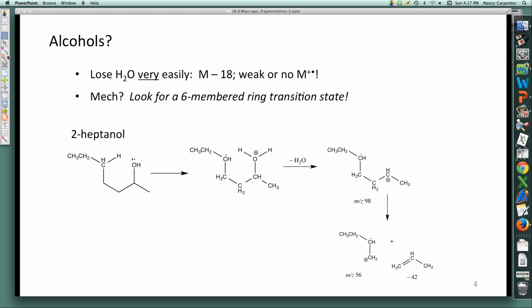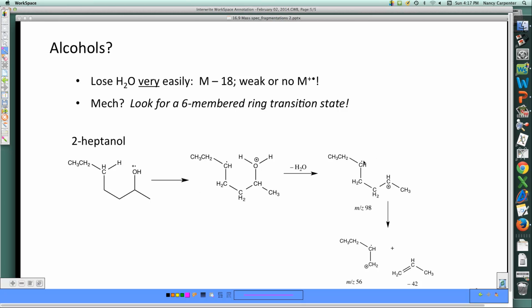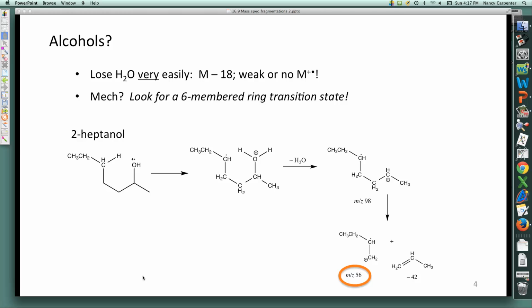So it falls apart because this guy too can undergo that alpha cleavage to give you this radical cation at mass to charge 56 and the neutral fragment propene, which is lost for a mass to charge of M-42.